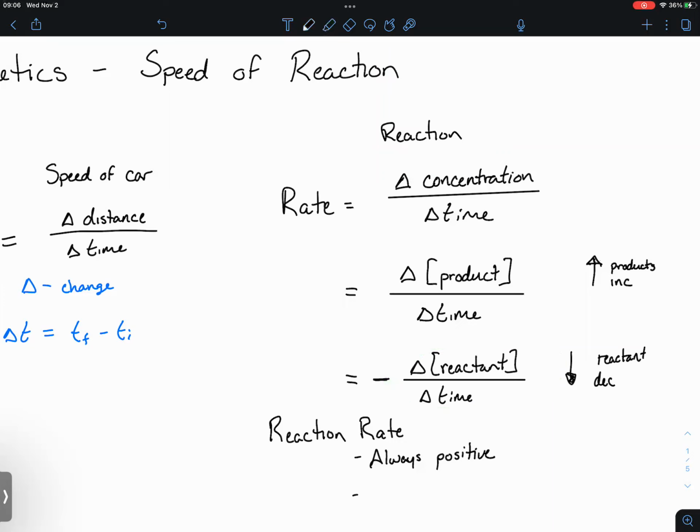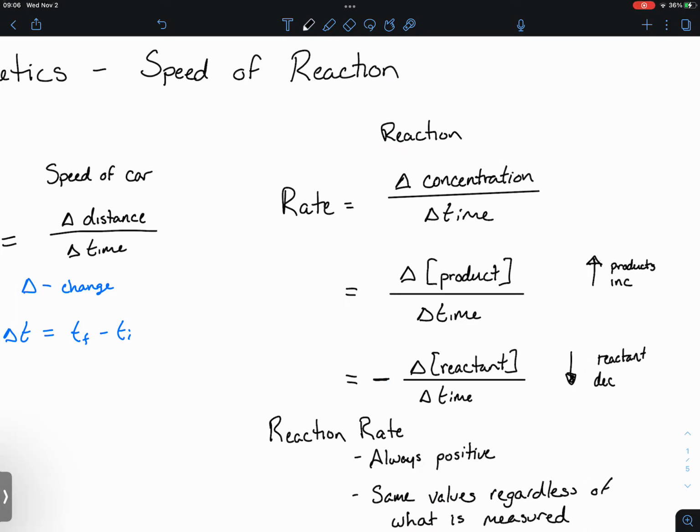Same value, regardless of what's being measured. Every reaction will have its own unique rate.